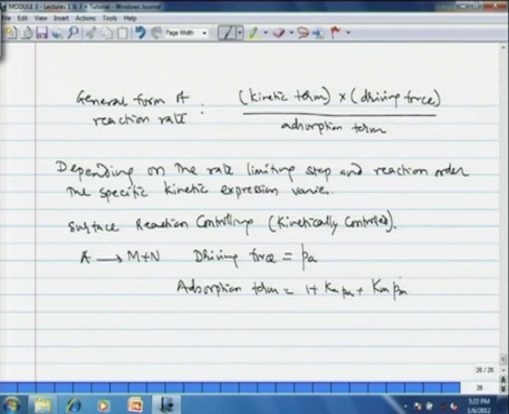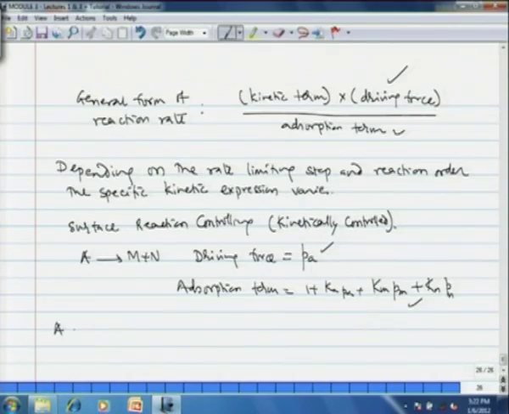Capital K m is the adsorption constant with respect to p m, and similarly K n with partial pressure of n. So, you substitute these here, driving force and adsorption term along with a kinetic term with some kinetic constant k1 or something, and then you get the rate expression for that particular reaction.